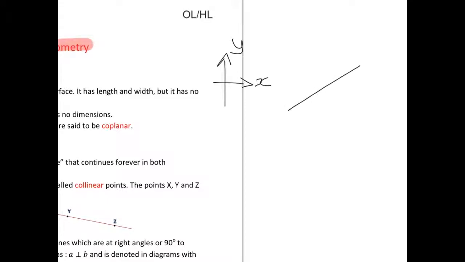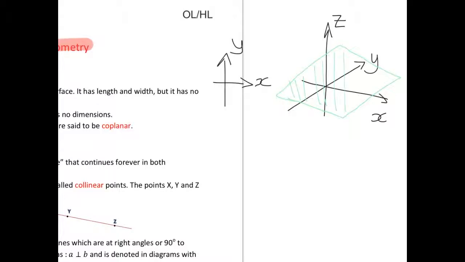So if we were to draw something like this, here is our X, here is our Y, but now we have a third axis, we'll call it Z. There are still planes, so the XY plane runs along these two axes. So this would be your XY plane, and it is a flat plane that has no thickness in the Z direction. It does not go up or down, it only goes along the Y and along the X.